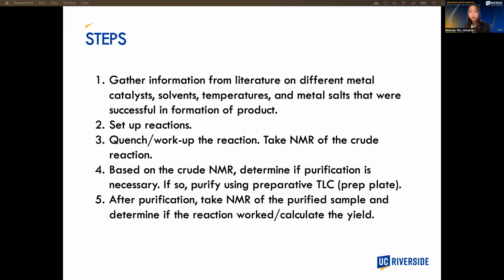I will then take an NMR of the crude reaction, which I will get into in the next slide. And after analyzing the NMR, I will determine if purification is needed. And if so, I will purify using a prep plate. And so after purification, I will verify that the sample is pure by taking another NMR, and then I will be calculating the yield of my reaction.